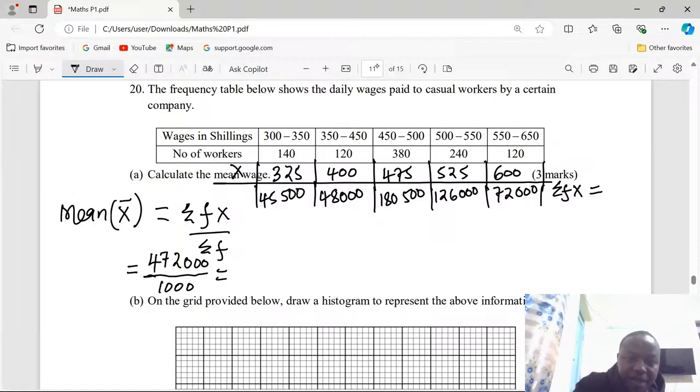So when we divide by 1,000, I'm getting 472.00. This is the wage. The mean wage should be in Kenya shillings. That is the mean wage.